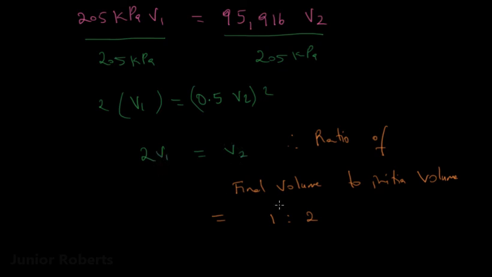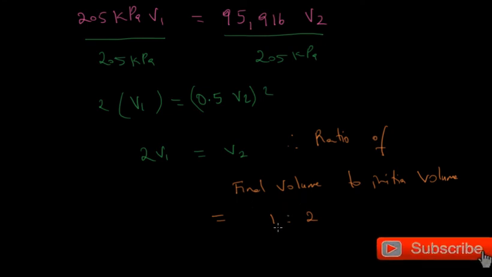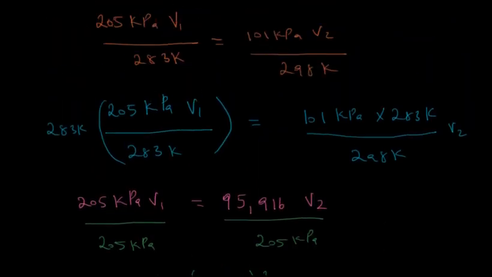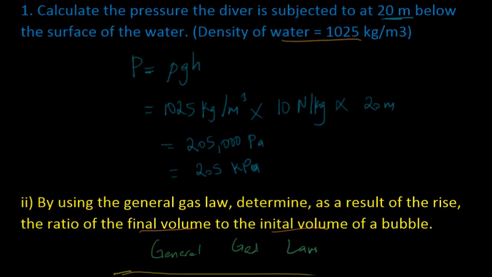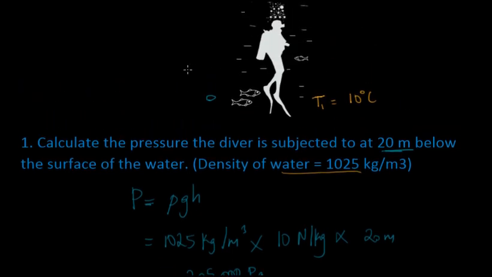So therefore, what will happen is that as the bubble leaves the depth here and starts to ascend, the bubble will slowly increase its volume, right, until it reaches the top, and it will be 2 times its original volume.